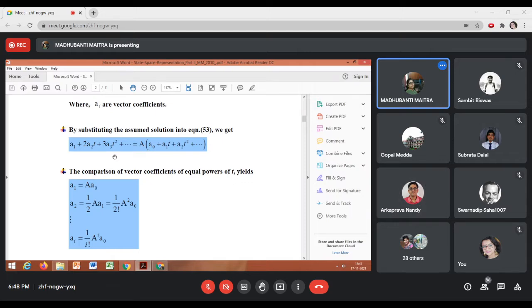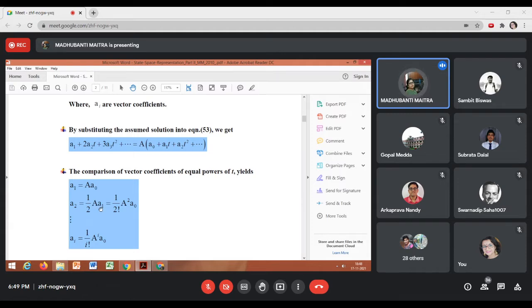Yes, ma'am. Now, coefficient of this term t to the power 1. In the left hand side, the coefficient is twice a2, and in the right hand side, it is A into a1. Remember here A is one n by n matrix and that is the system matrix. So a2 will be half, 1 by 2 into A a1.